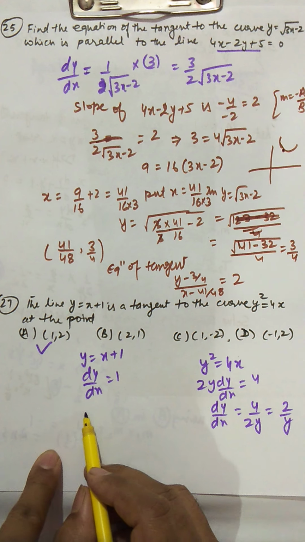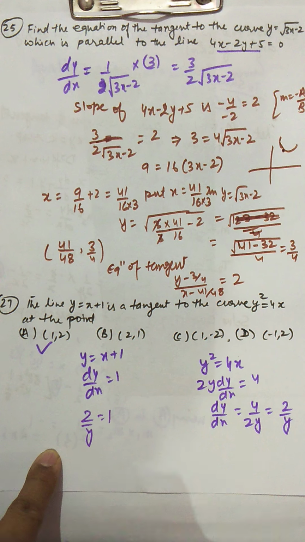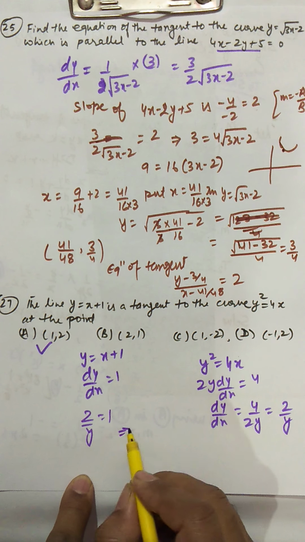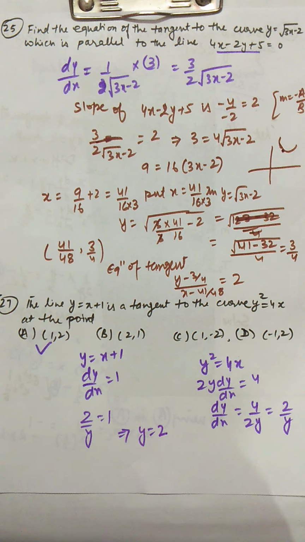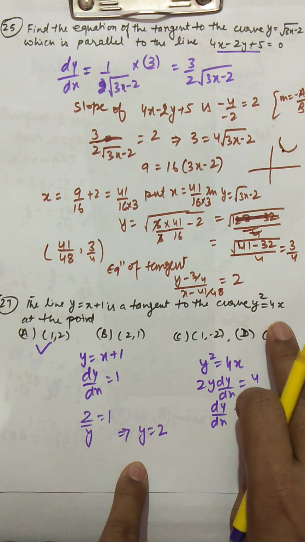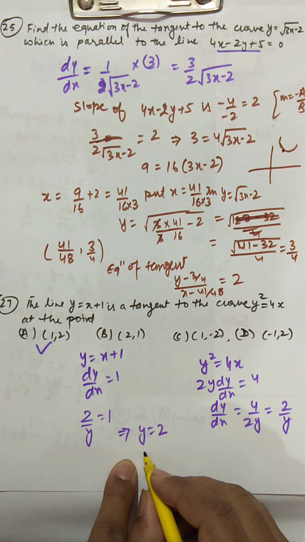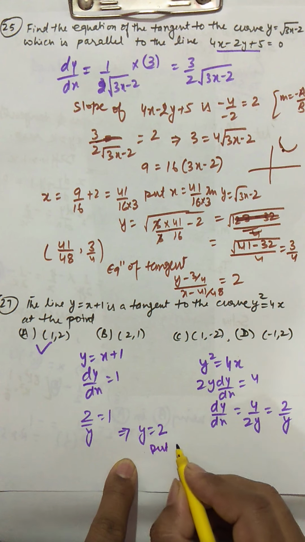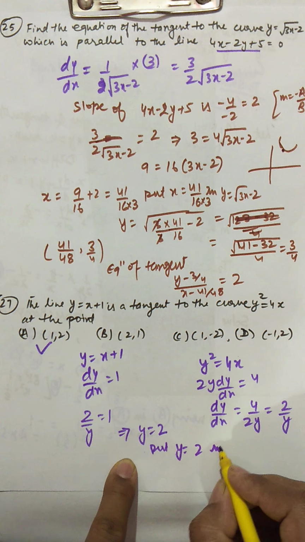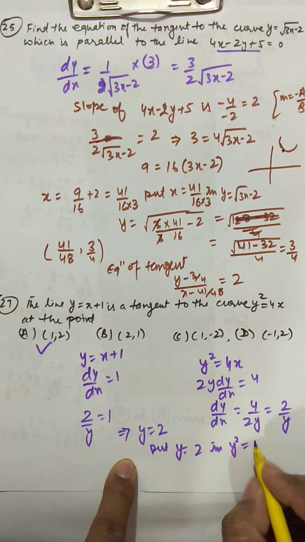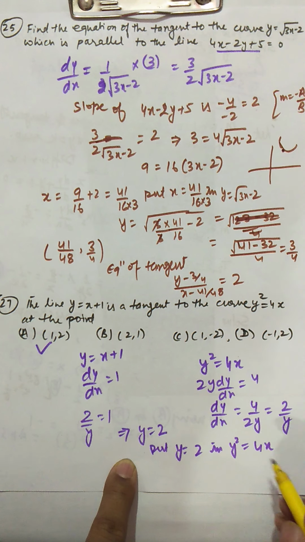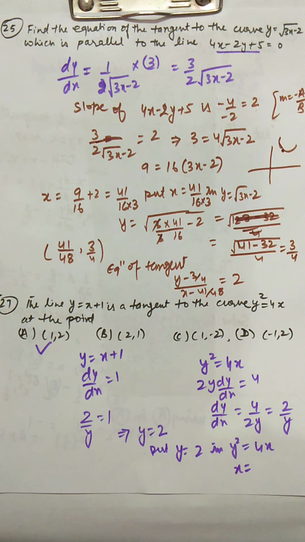So 2 upon y is equal to 1, so y is going to be 2. If y equal to 2, you put it in the curve y square equal to 4x, or in the line also, and you are going to get x equal to 1. So this is how you can find the solution.